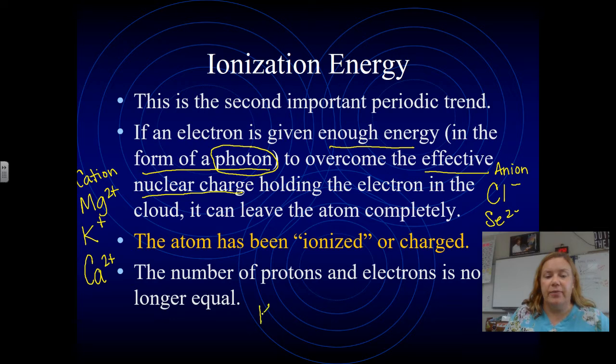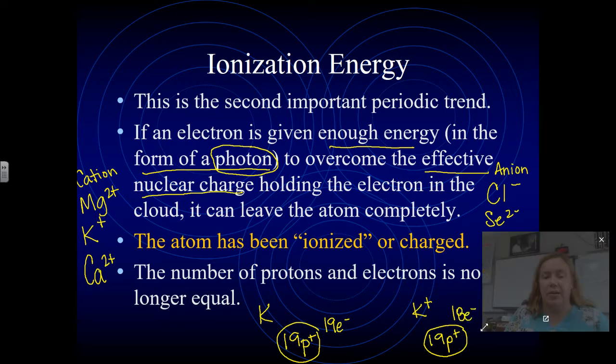So let's take potassium, for example. Normal potassium has 19 protons in its nucleus and 19 electrons around its nucleus. If potassium loses an electron, it's going to have 19 protons and 18 electrons. So the ionization energy overcame the effective nuclear charge to take away one of these electrons.